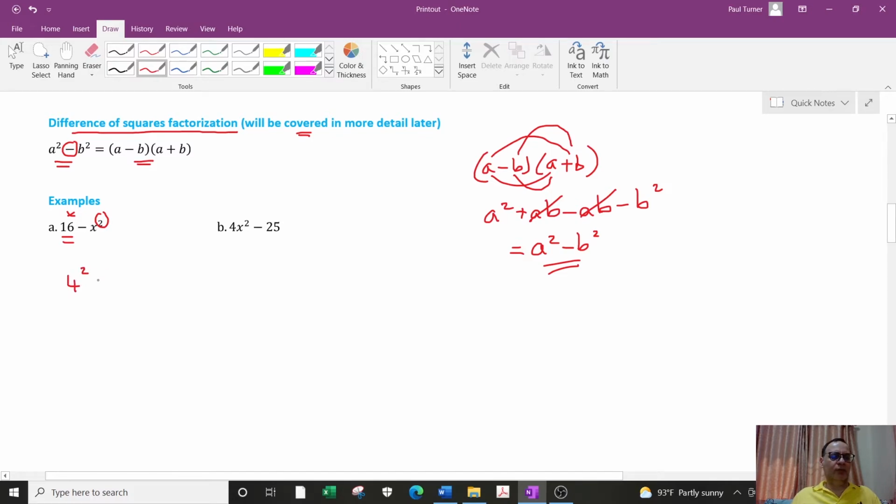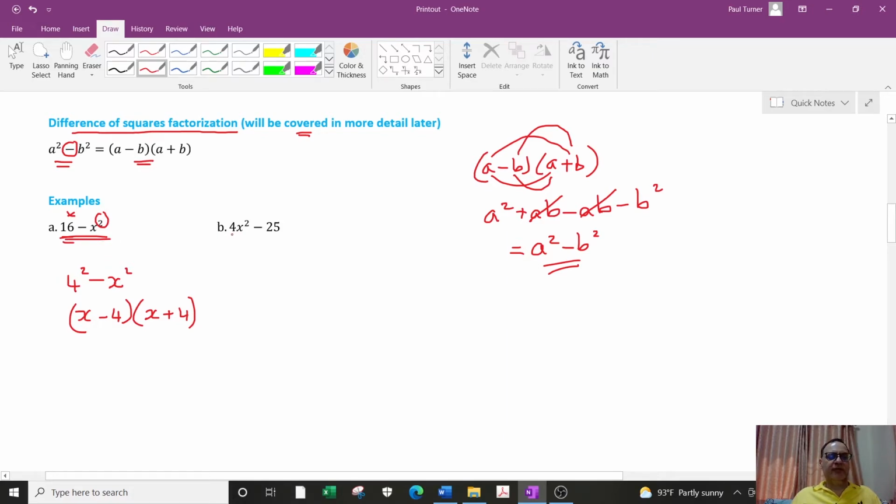So we write 4 squared minus x squared. And now we have it in the correct form. So a squared minus b squared is a minus b, a plus b, or 4 minus x, 4 plus x. If you expand that, you should get back to this original expression.